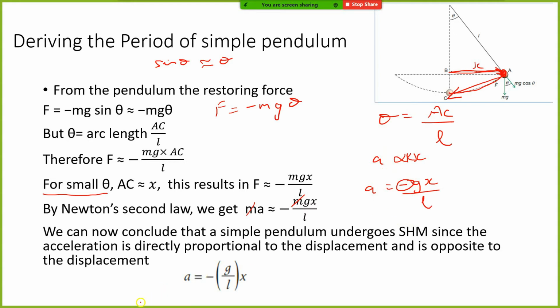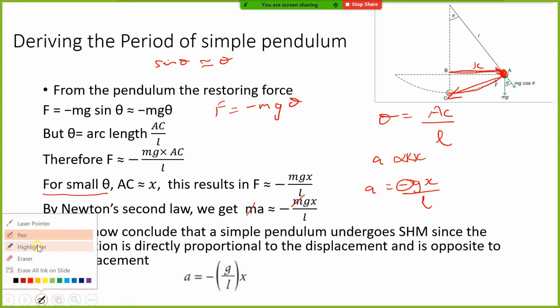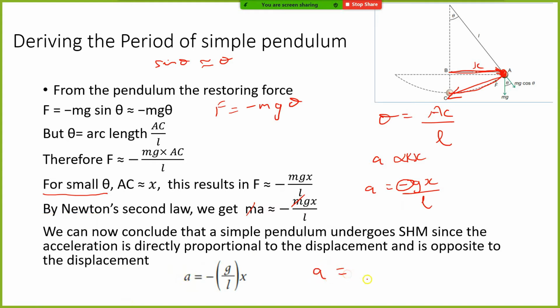And for that specific reason, we can say that this acceleration is equal to the acceleration that we should know by now, that says A is equal to minus omega squared times x. This is the overall acceleration for when something is undergoing simple harmonic motion.